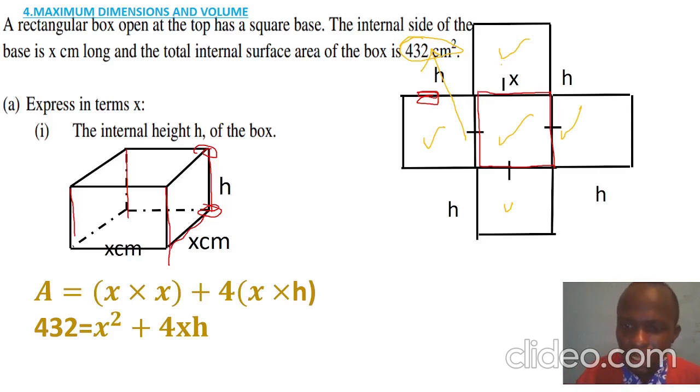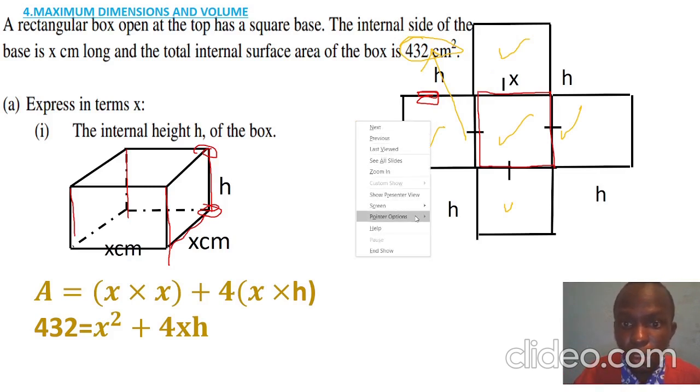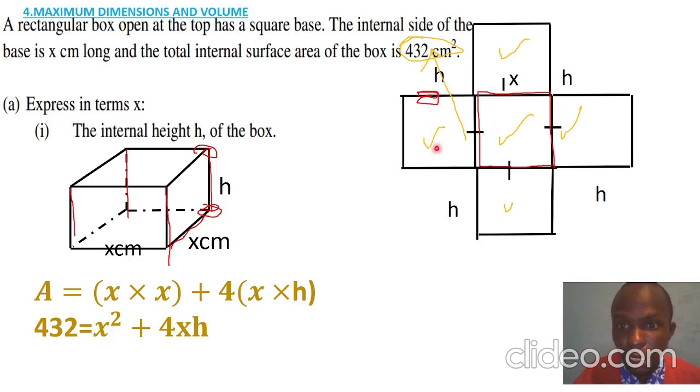Look at this one. Let me use a pointer and look at this box here. This has h and x. This one also has h and x. Look at this and this. So how many are they? 1, 2, 3, 4. So there are four shapes which have the same dimensions.